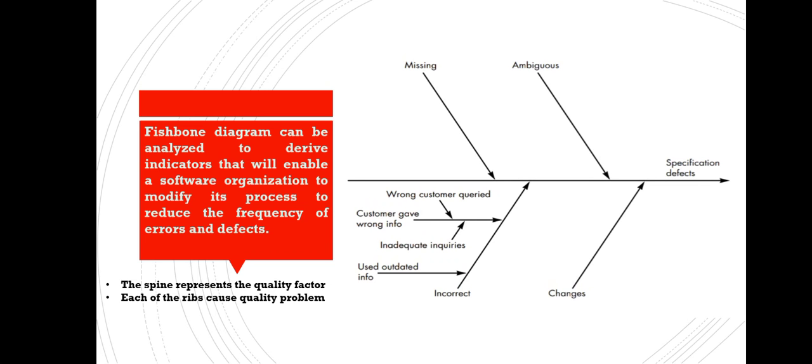Changes may be made during the process and development of any project. It may also cause a problem in quality, and the incorrect data identified in order to create the software quality problem are used outdated information or the customer giving wrong information.